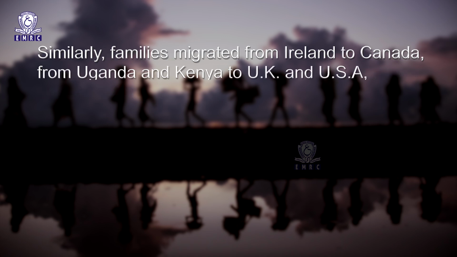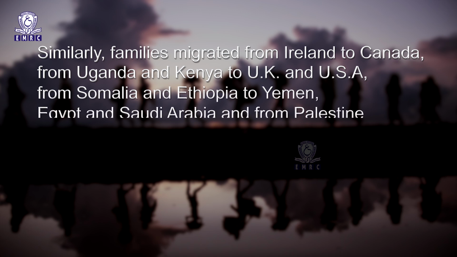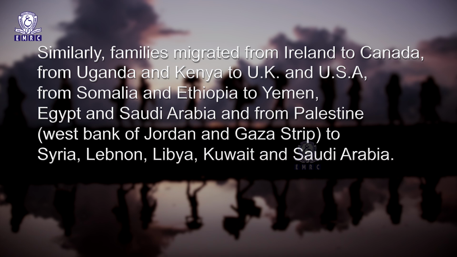Similarly, families migrated from Ireland to Canada, from Uganda to Kenya, to UK and to USA, from Somalia and Ethiopia to Yemen, Egypt and Saudi Arabia, and from Palestine, that is West Bank of Jordan and Gaza Strip, to Syria, Lebanon, Libya, Kuwait and Saudi Arabia.